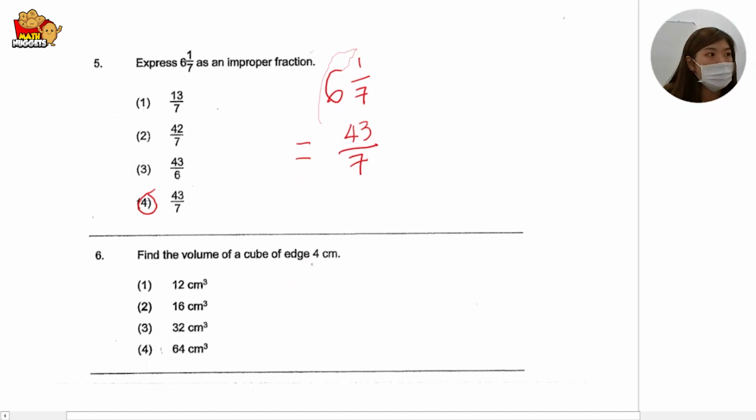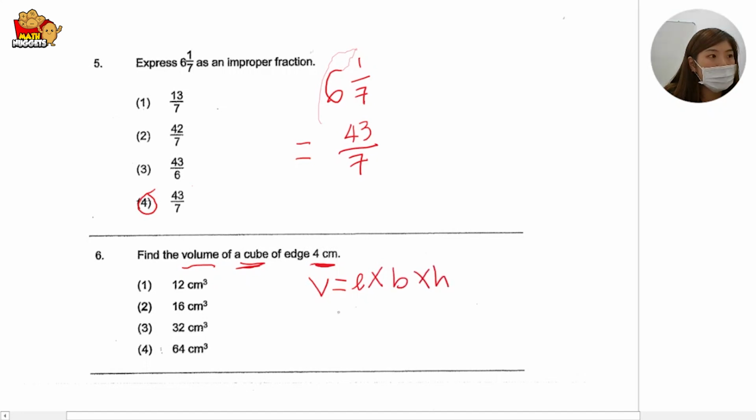Question 6. Find the volume of a cube. A cube with side 4 centimeter. So cube has the same length throughout. So volume is length times breadth times height, correct?